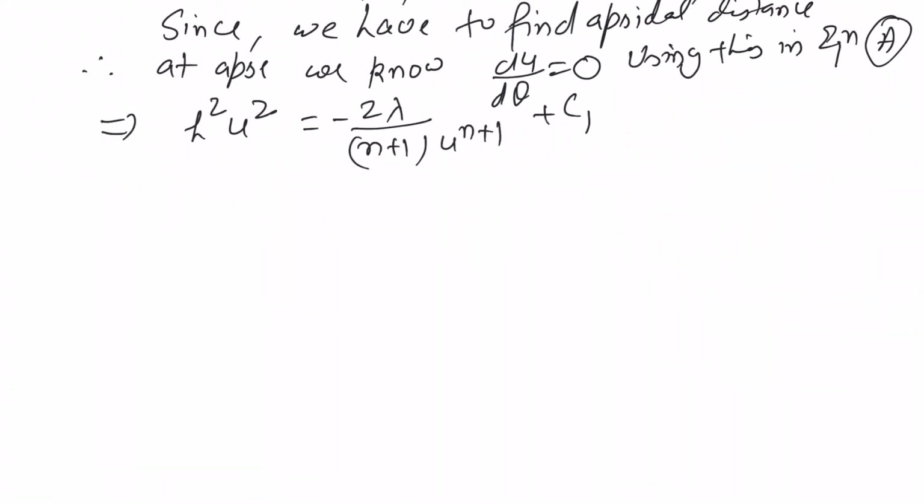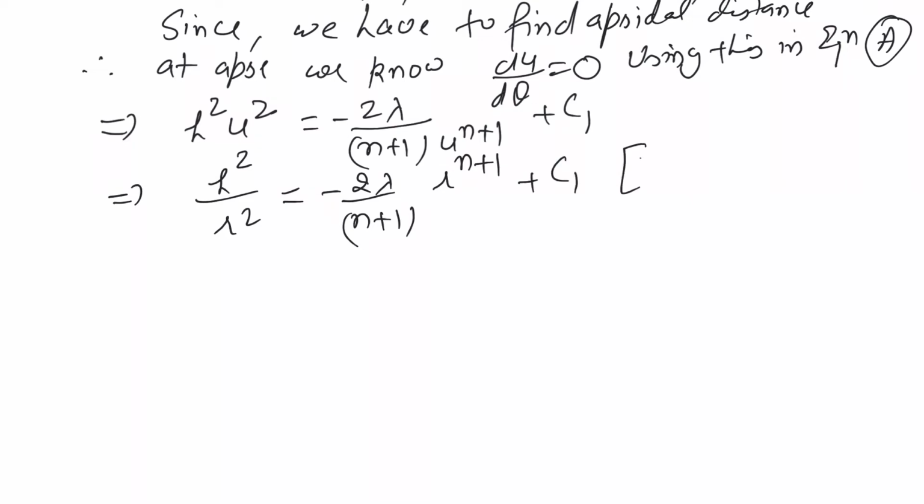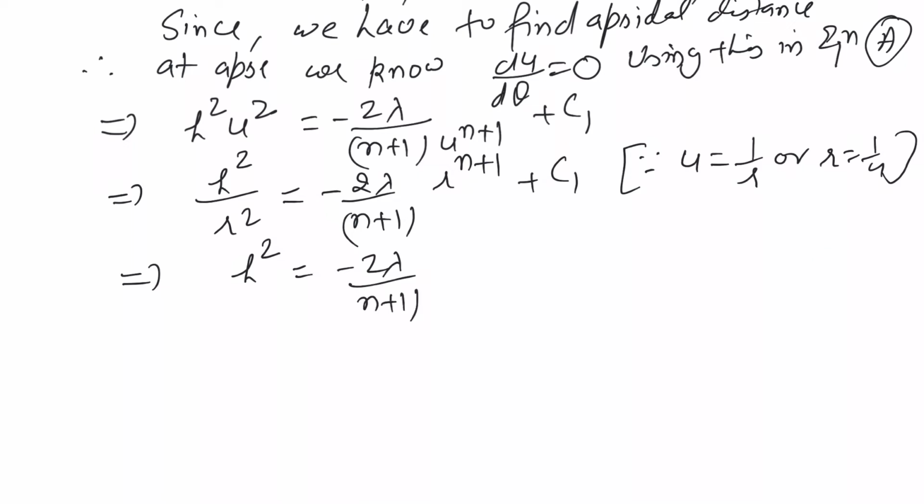Now we know that this will be h square by r square is equal to minus 2 lambda over n plus 1, r raised to the power n plus 1, plus c1, because u is equal to 1 by r or r is equal to 1 by u. This implies that h square is equal to minus 2 lambda divided by n plus 1, r to the power n plus 3, plus c1 r square.